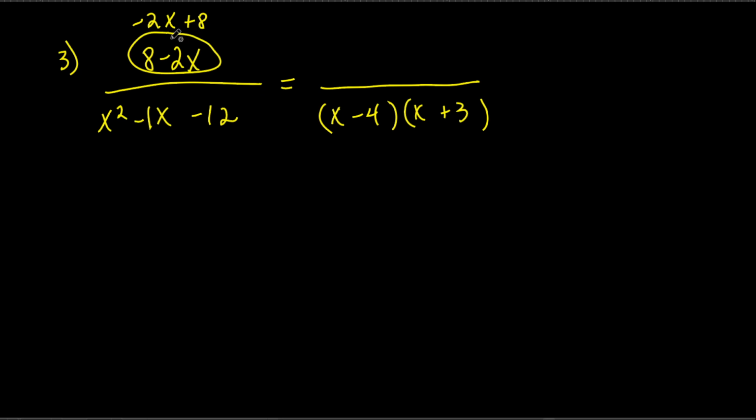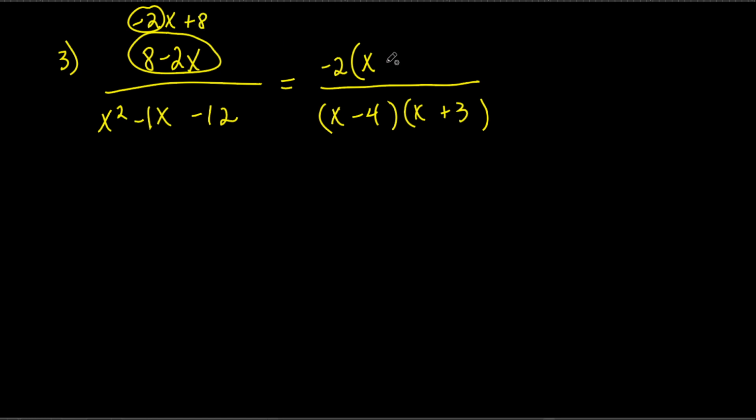So instead of factoring out just a 2, what do you think we can factor out? A negative 2. All right, this is what Carter said at the beginning. So if I factor out a negative 2, what am I left with? Well, negative 2x divided by negative 2 is just positive x. And then take this 8 and divide it by negative 2.